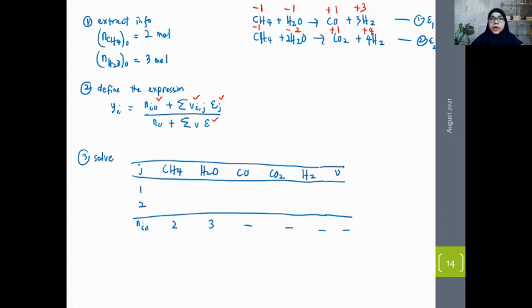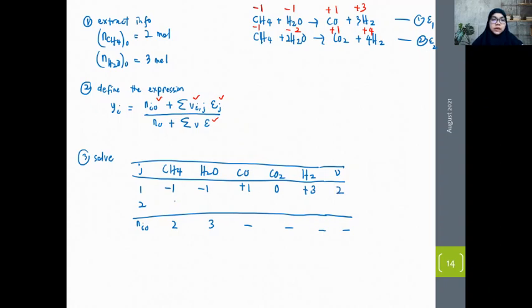For the first reaction, we have -1, -1, and CO is 0 because we don't have carbon monoxide in the first reaction. And then we have +3, and the total stoichiometric number is 2.